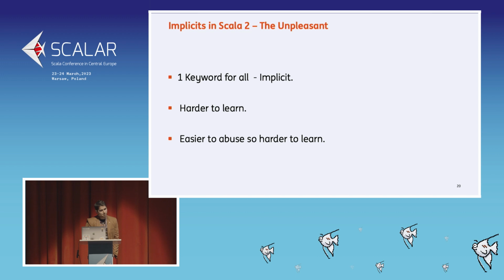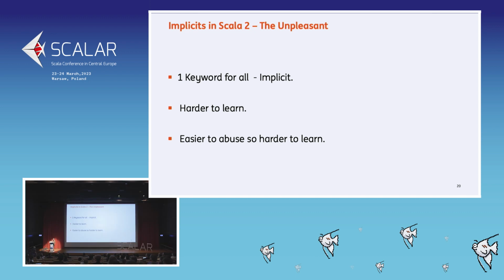And that brings us to the most unpleasant part about having them in Scala: there is just one keyword, implicit, whether you are doing a good practice or a bad practice, the keyword is the same. It's implicit everywhere: classes, defs, parameters. And that made it really hard for beginners to get a grasp of things.